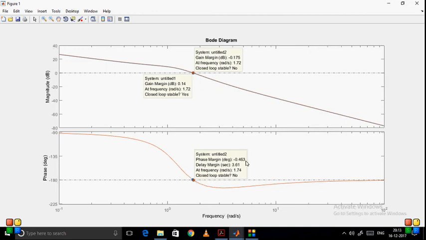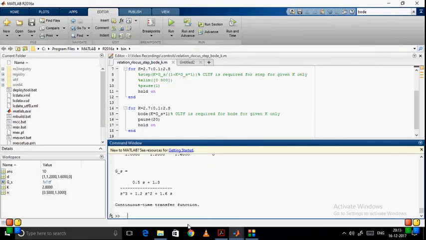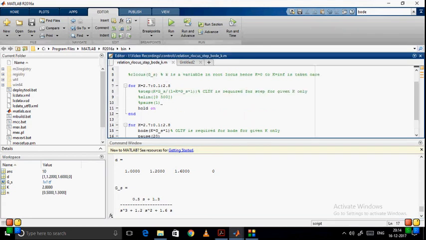Minus 0.463, it's again an unstable system. When both are minus, it is unstable. So this understanding will tell us that the system is unstable for 2.8, the system is stable for 2.7. This is the understanding with respect to root locus, with respect to time domain analysis, with respect to bode plot.